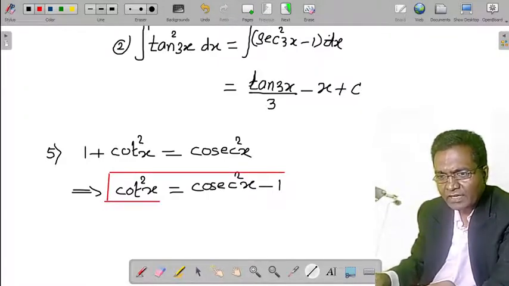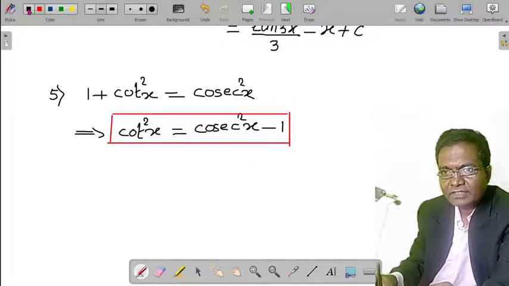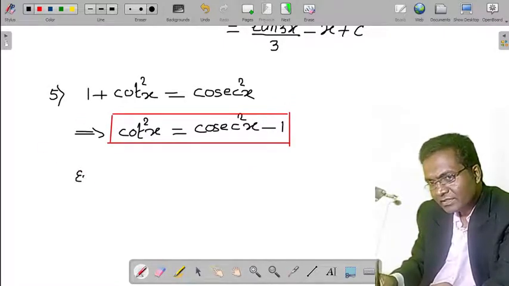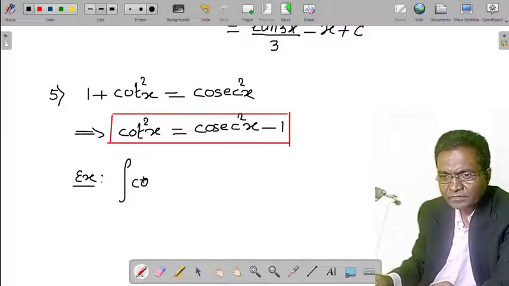Whenever cot square comes under the integral sign, immediately you have to replace it as cosec square minus 1. So look at this. Suppose this is the example of integrating cot square x.